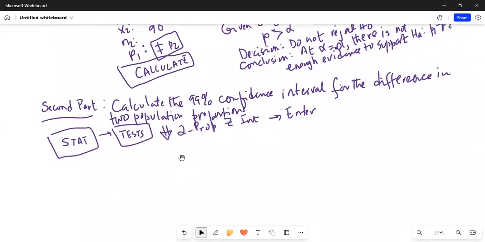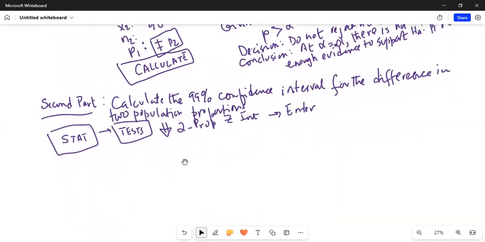So all the information I've filled in, we just might need to make one change. So let's take a look at it. X1 is 44, N1 is 80, X2 is 41, N2 is 90.